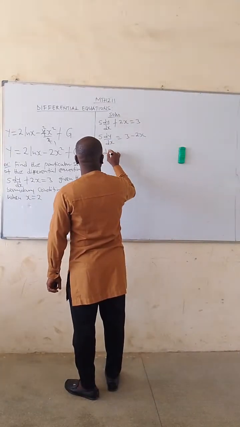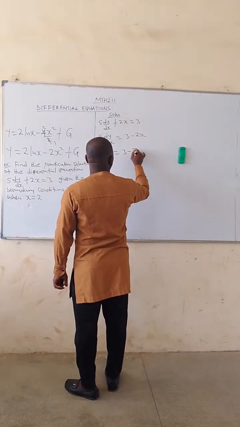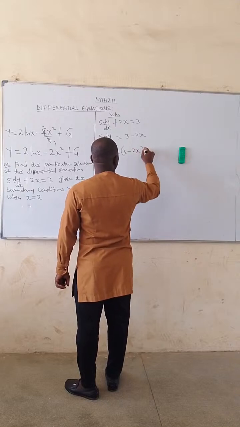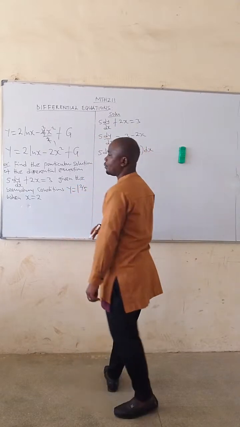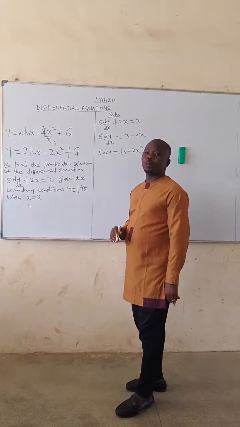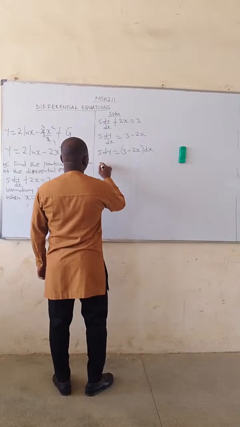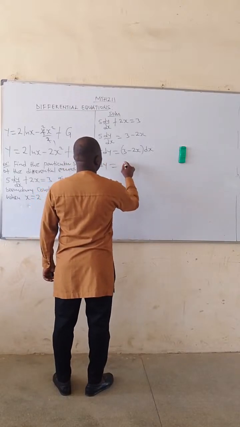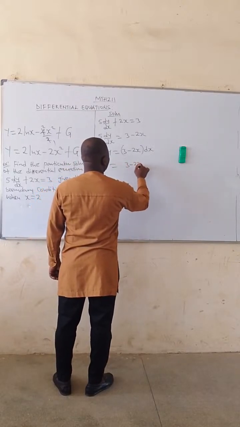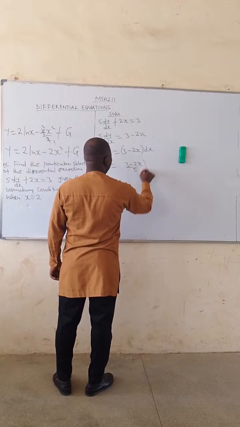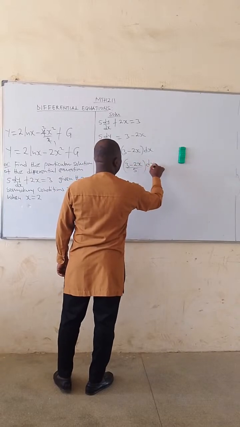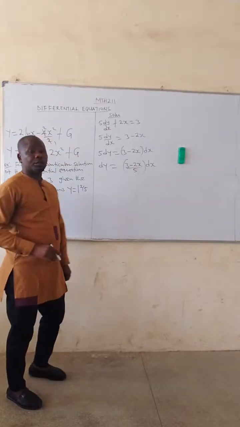So 5 dy is equals to 3 minus 2x dx. True or false? Then what else again? Divide by 5. So here will now be dy is equals to 3 minus 2x all over 5 dx.